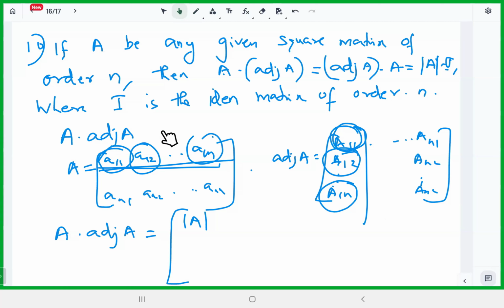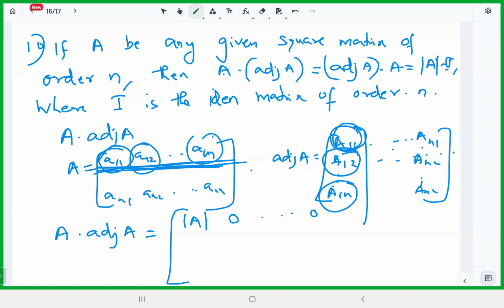If you multiply the cofactors of a different row with another row, the sum is 0. So all the other elements here will become 0. If you multiply this row with any other column of this adjoint, the sum will be 0.